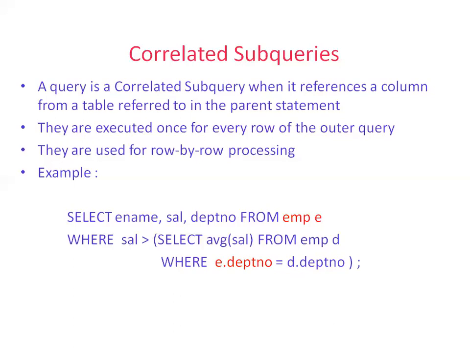From the above query, we are trying to fetch all the employees whose salary is greater than the average salary of that specific department. This seems like a quite confusing query, but the concept is that for each row of the parent query, the child query will get executed. That's the concept of correlated subquery.